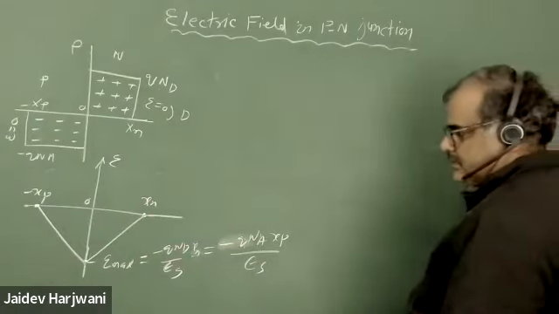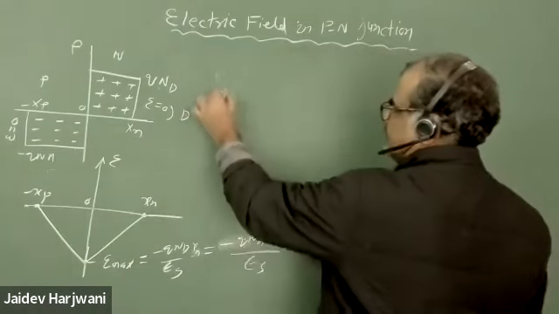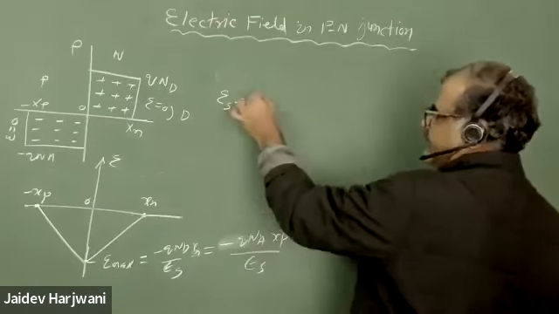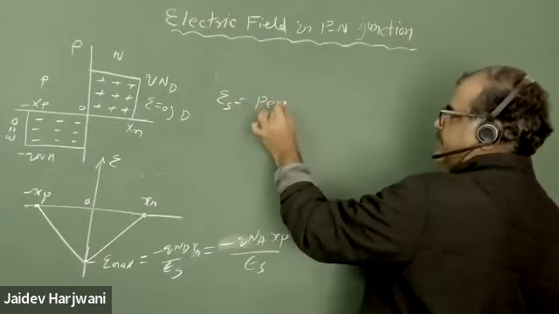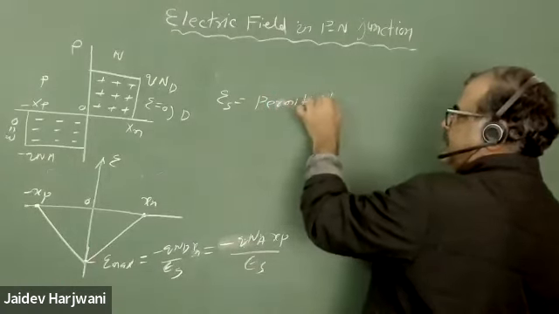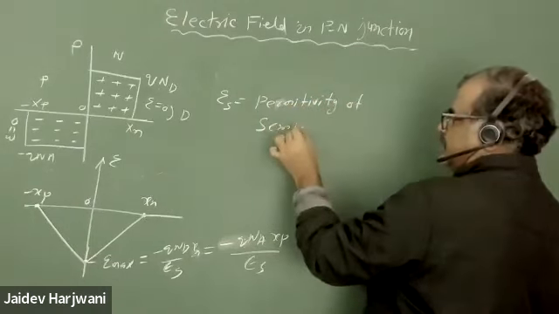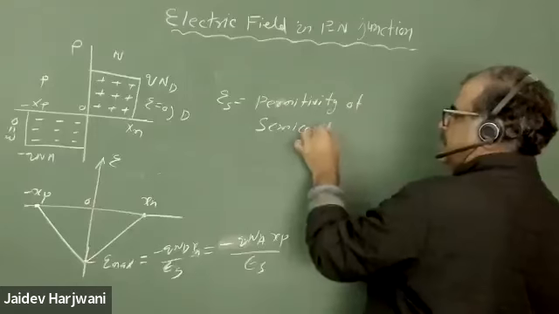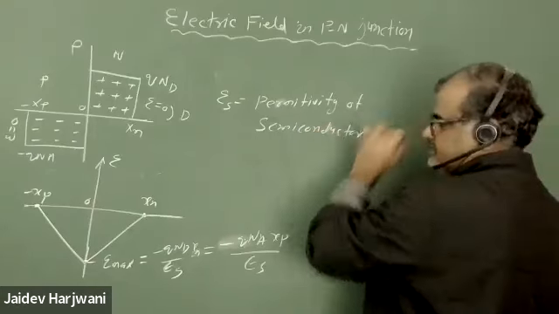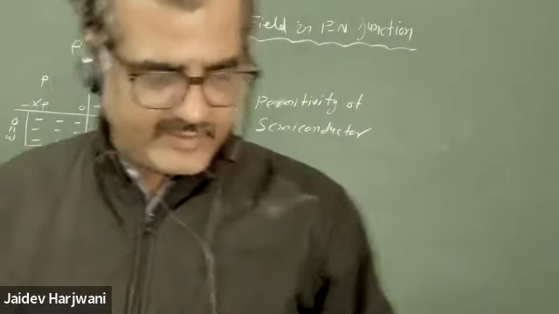What is Es? Es is the permittivity of the semiconductor, the permittivity of the medium. So this is the variation of the electric field.